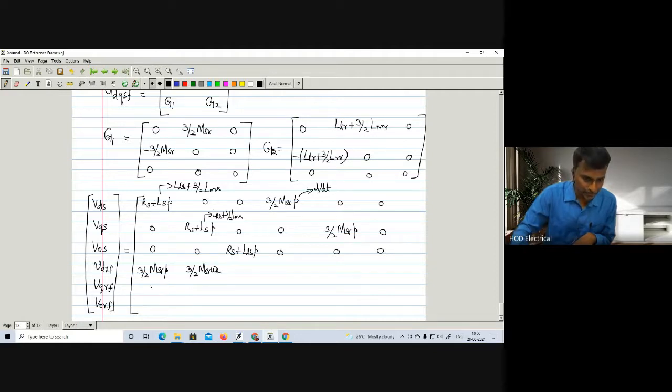The speed EMF term is coming based on this GDQS. Then we have 0, minus 3 by 2 MSR into P, so minus 3 by 2 MSR into omega R, then 3 by 2 MSR into P, then 0, 0, 0, 0, then RR plus LR into P. What is LR?